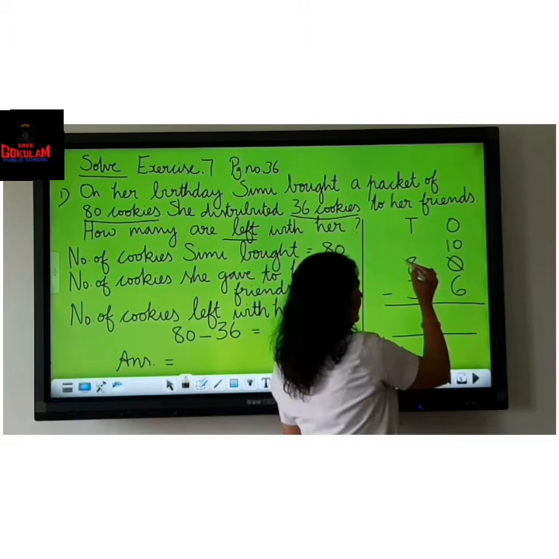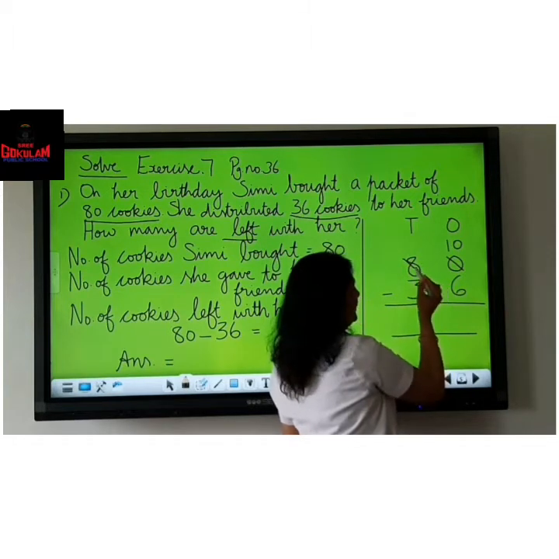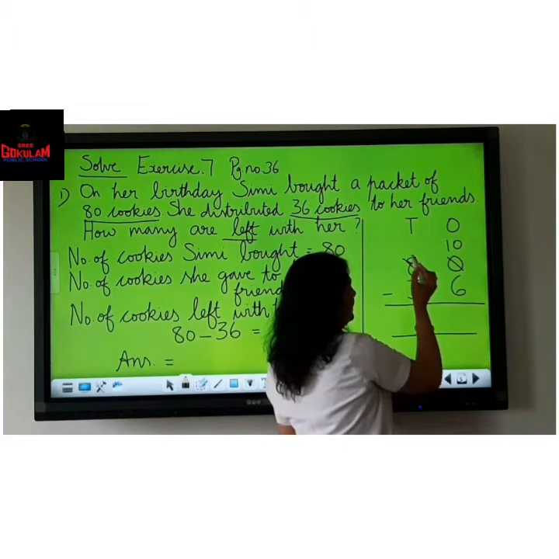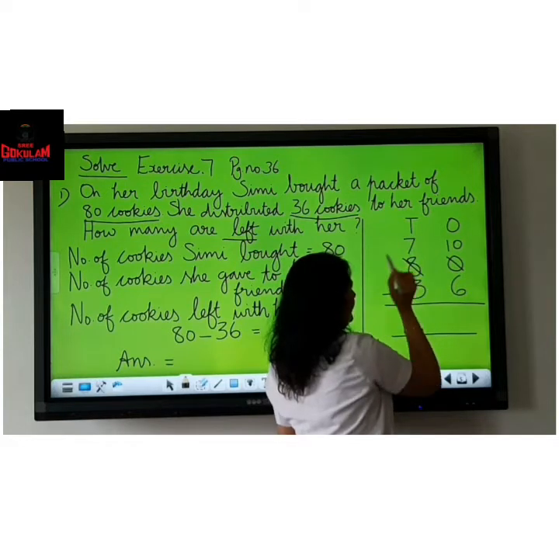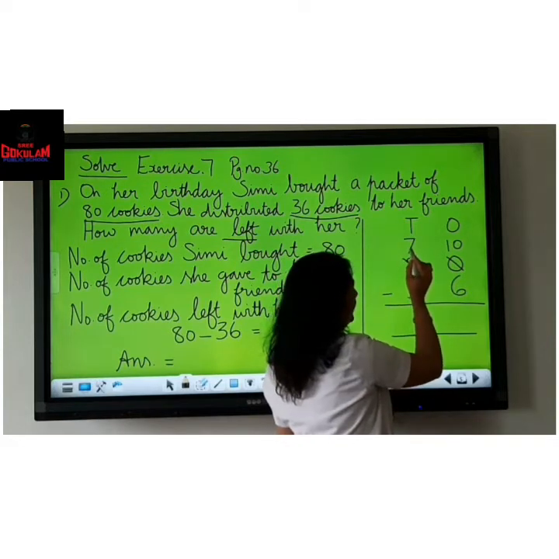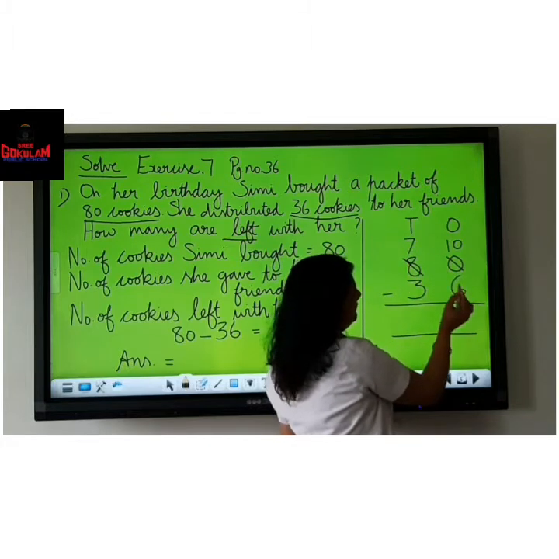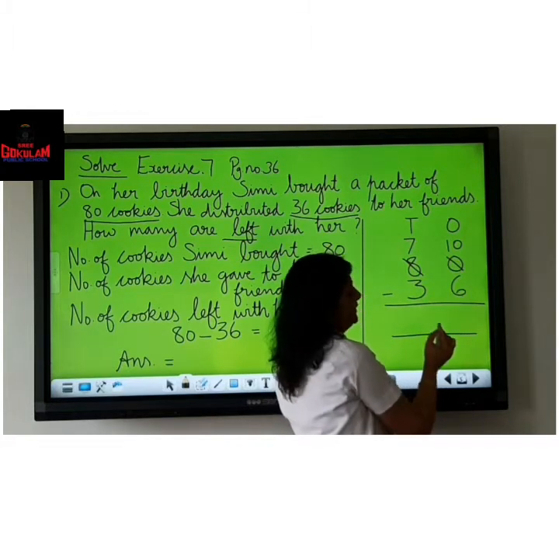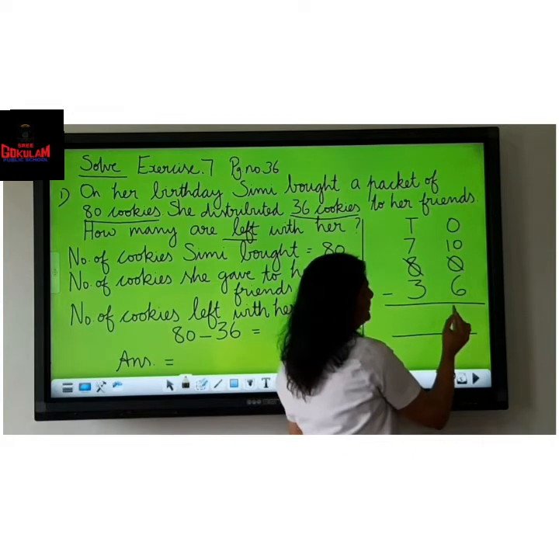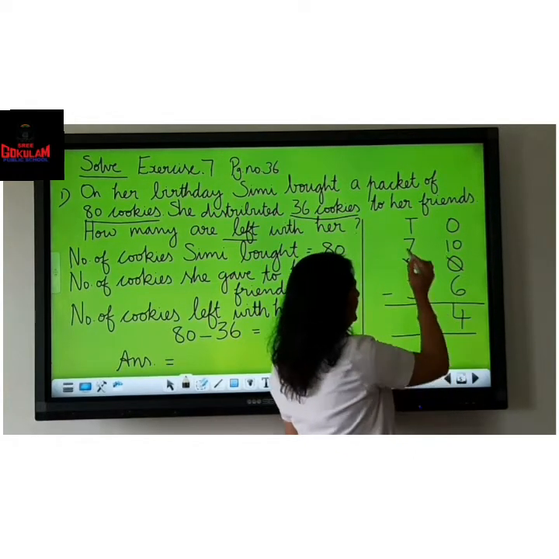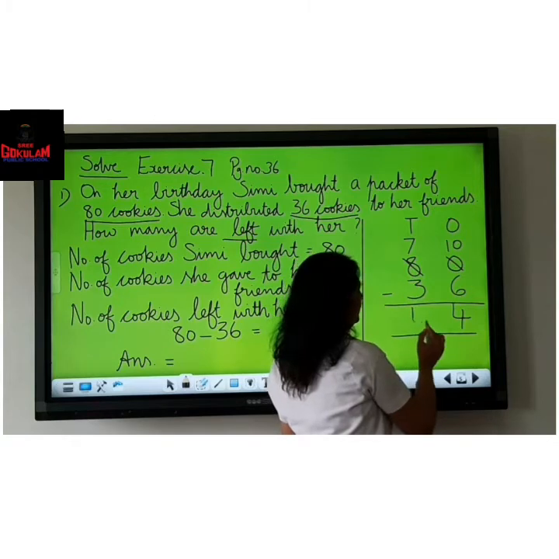Now, here we have 1 less. 8 minus 1. What is 8 minus 1? 7. Now, we have only 7 tens in tens place. Can we subtract now? Yes. What is 10 minus 6? 4. 7 minus 3? 4.